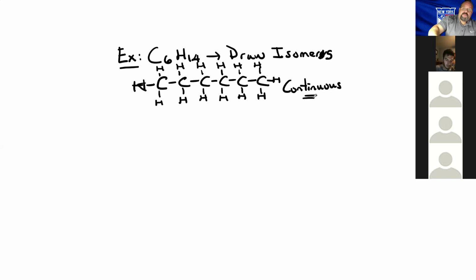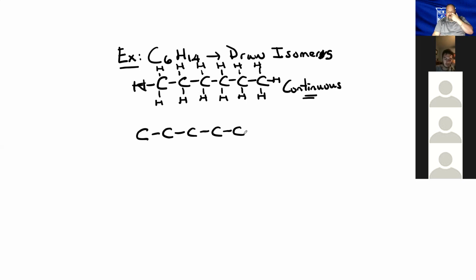So for C6H14, the way we've drawn it here, the entire compound is the parent or main chain. Right now there are 6 carbons in the main or parent chain. Instead of having 6 carbons in the main or parent chain, why don't we try to cut that down to 5. All right. So 1, 2, 3, 4, and 5.